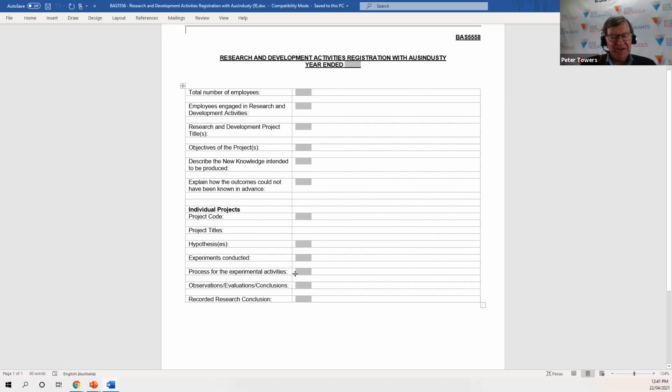So if you've got 10 of them, it starts becoming a big document. And what we're looking at here is the project code, the titles, details of the hypothesis, details of all the experiments conducted and the results of those experiments, the observations or evaluations or conclusions that have been reached by the team from those projects, and the conclusion that's been reached.